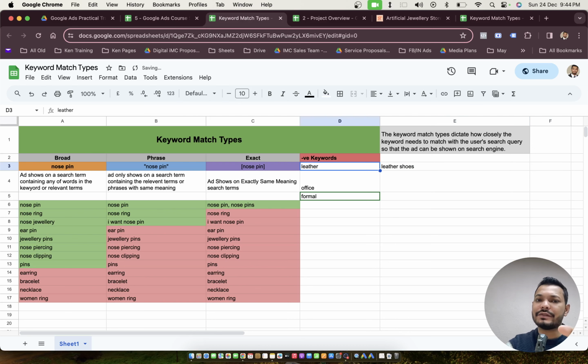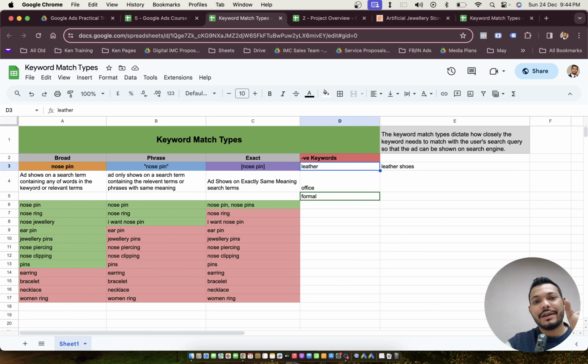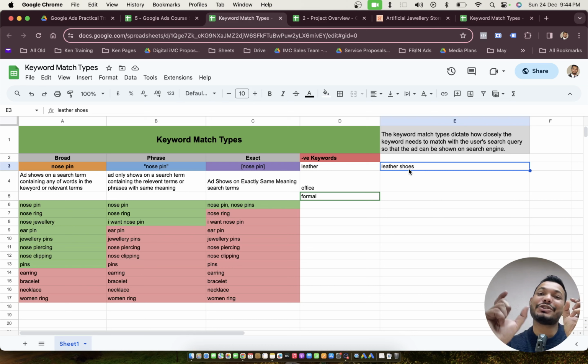Now, the only difference between adding a one word negative keyword versus a two word negative keyword is that one word is going to stop showing the ads to anything that contains leather. However, the two word keyword is going to stop the ads when the search query has both these words somewhere in it.